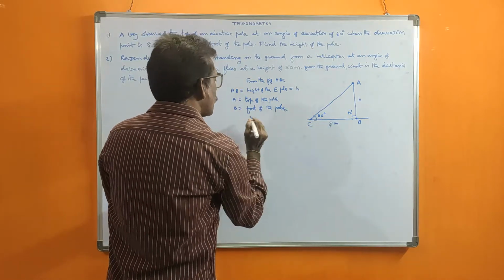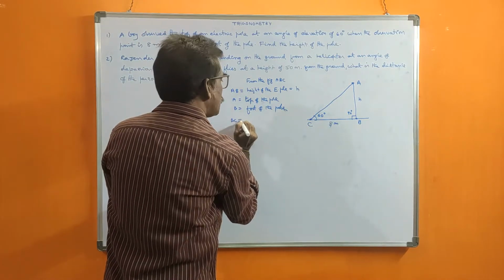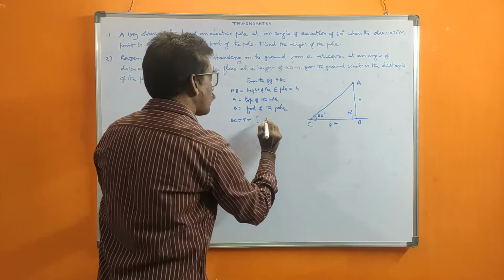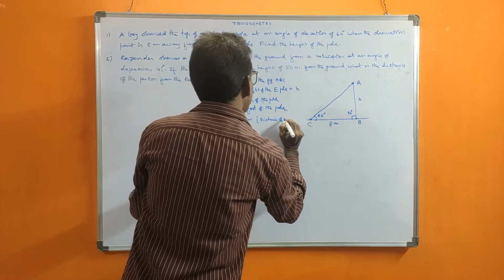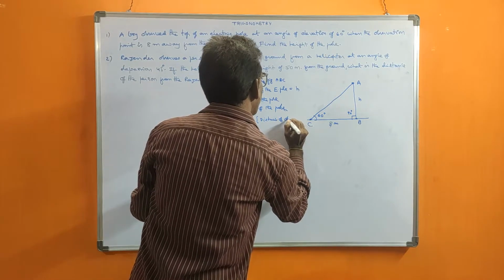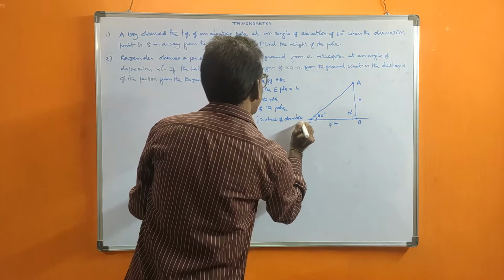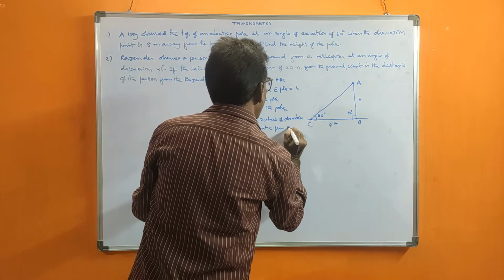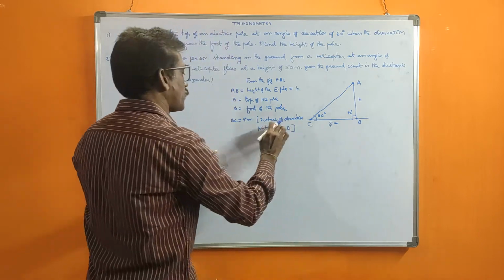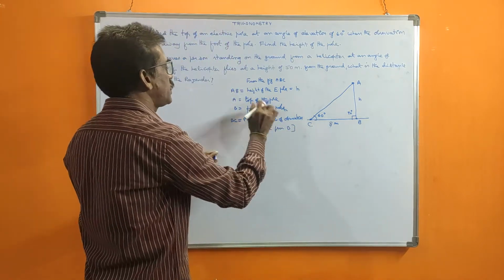Now BC is equal to 8 meters given, but what? This is the distance of observation point C from B. B means we wrote already.